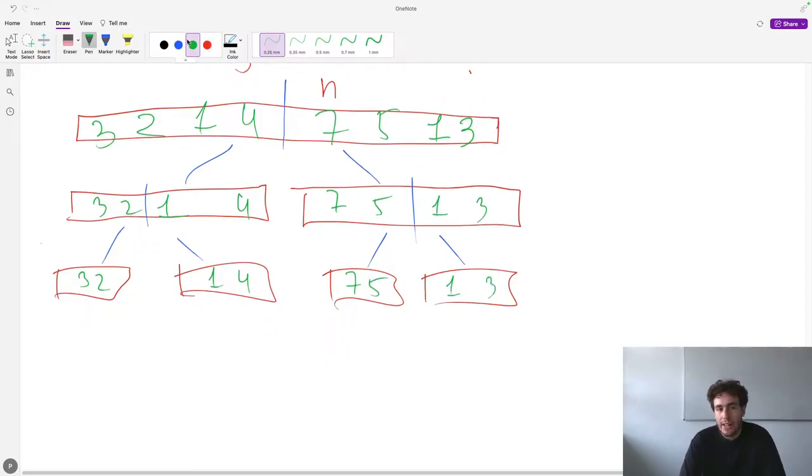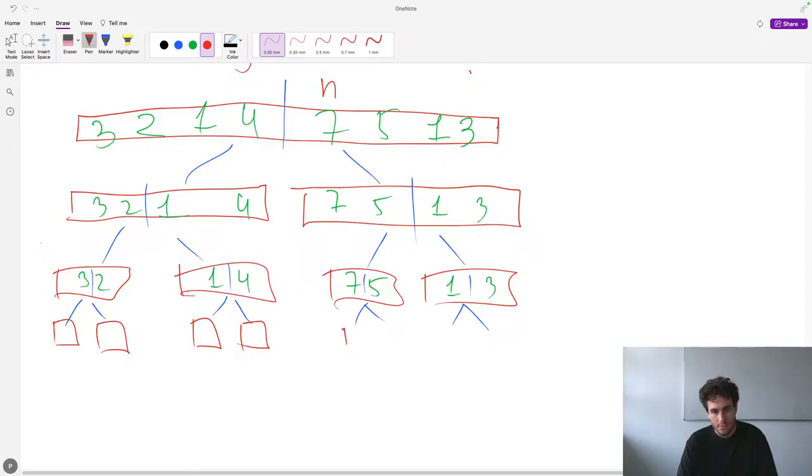And finally, we're going to get to single elements, right? You already see where the word tree comes from, right? Because this recursion of merge sort looks very much like a tree.